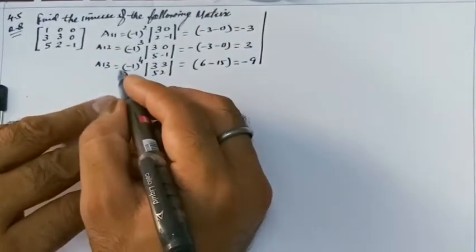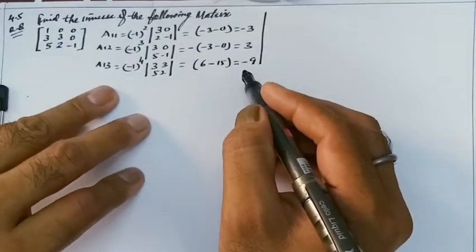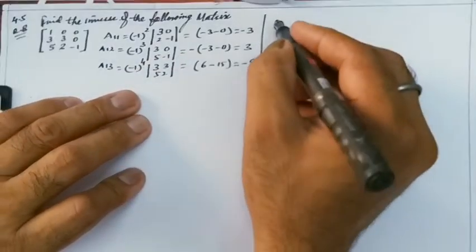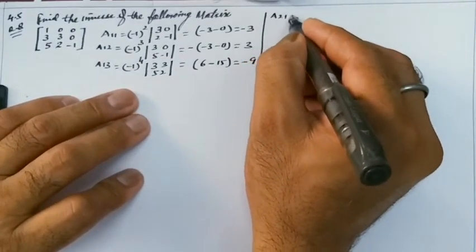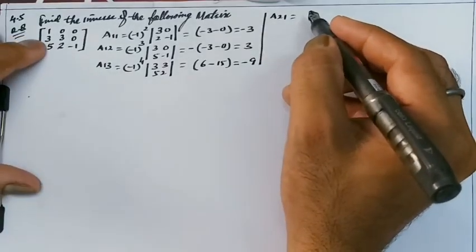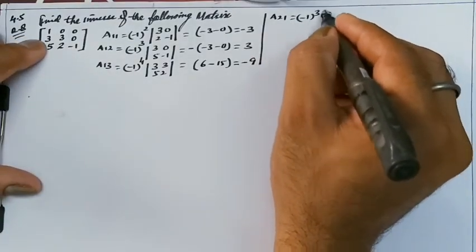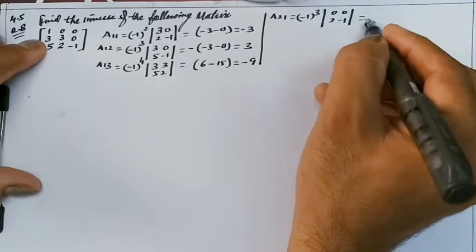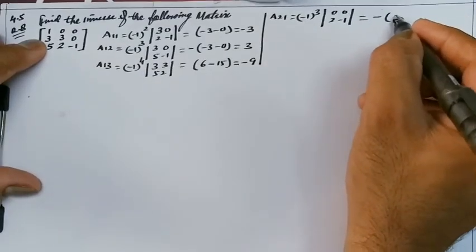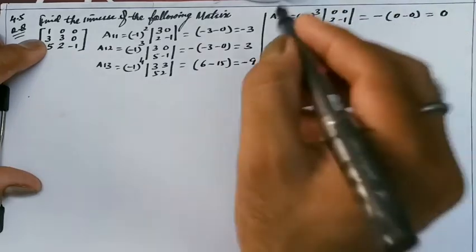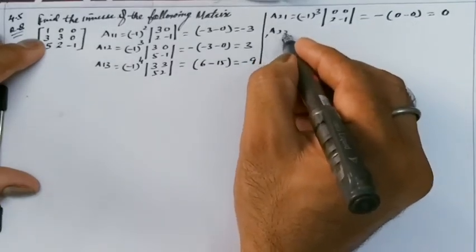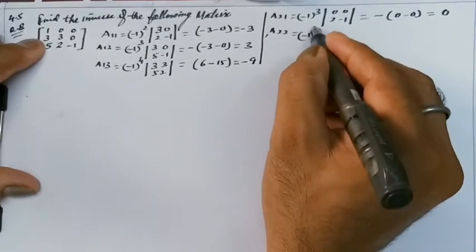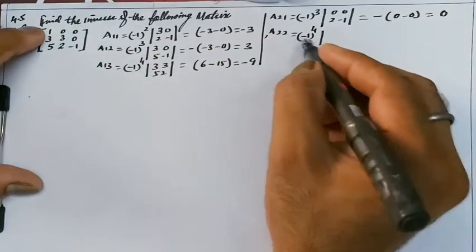Now the first row is completed. Second row, a21 is equal to minus 1 to the power 3 and the determinant, leaving this way, 0 0 and 2 minus 1, which is equal to minus 0 minus 0, which is equal to 0. a22 is equal to minus 1 to the power 4, 2 2 means this 3, so leaving this way, 1 0, 5 minus 1.